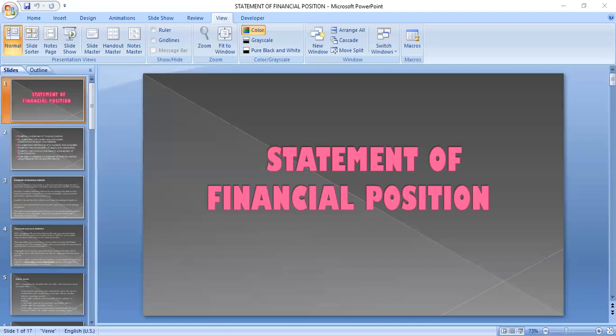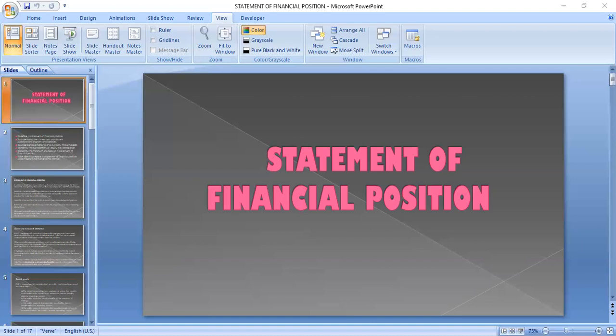The IAS term is actually called by now the IFRS, or International Financial Reporting Standard. Take note of that IAS term or IFRS.